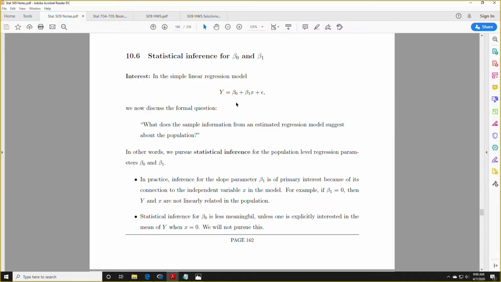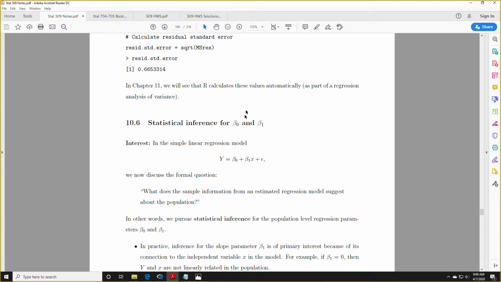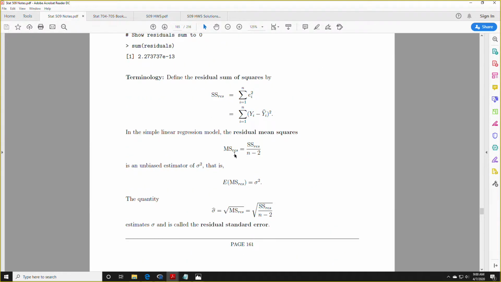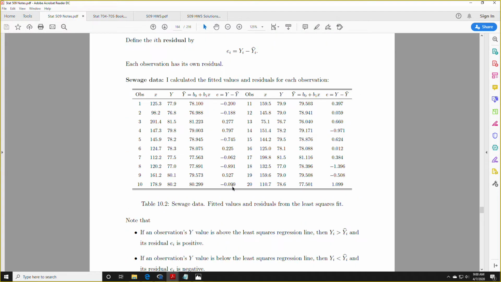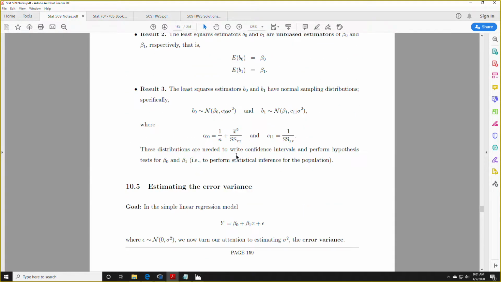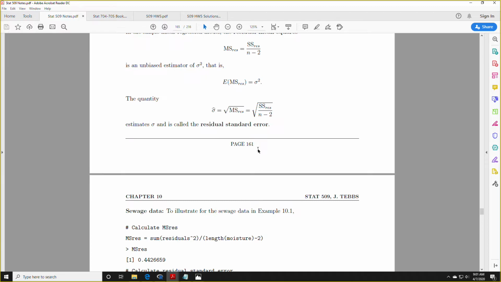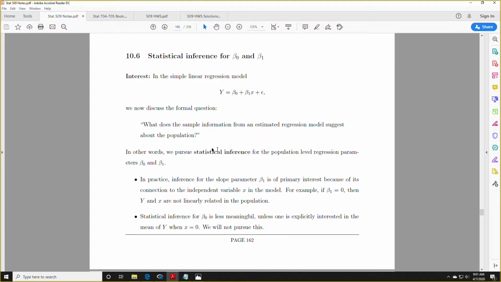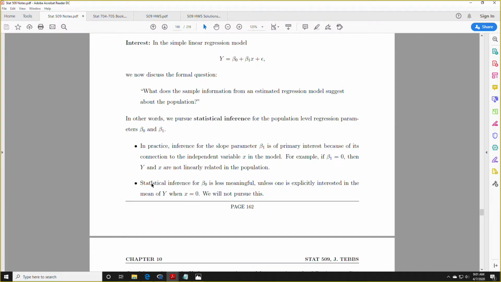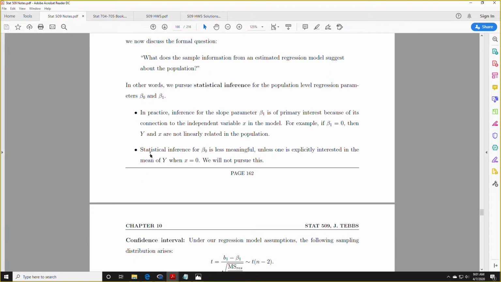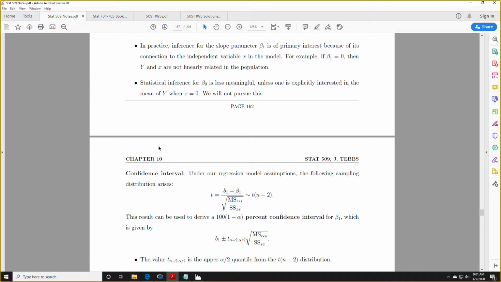We might want a range of values that are plausible for the intercept and slope instead of just a best guess value. So, right, we know the distributions for these things. We know y has a normal distribution under our assumptions, and that beta naught hat and beta 1 hat also have normal distributions. So knowing that they have normal distributions, we can create confidence intervals, right? And that sort of thing.